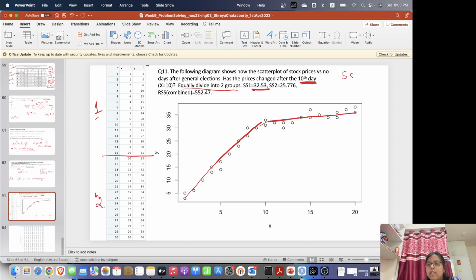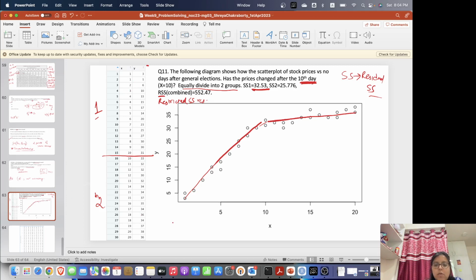SS1 is the residual sum of squares. From SS2 the residual sum of squares is this, and if we combine them, the restricted sum of squares due to residuals is 552.57 when we take all the variables together and perform a regression.